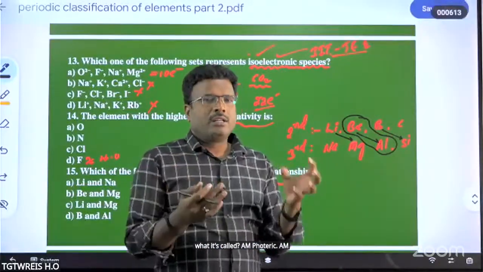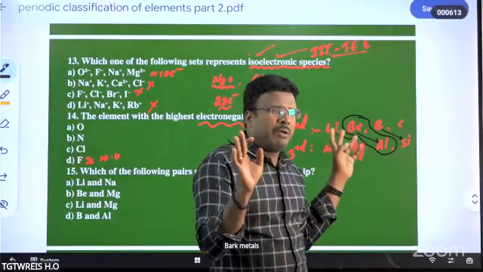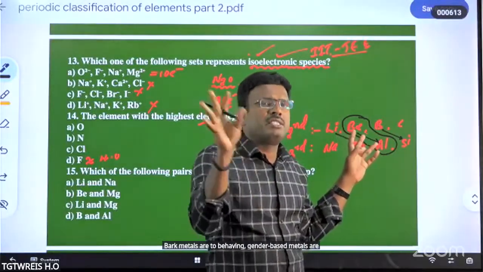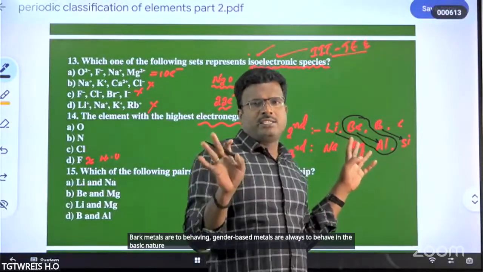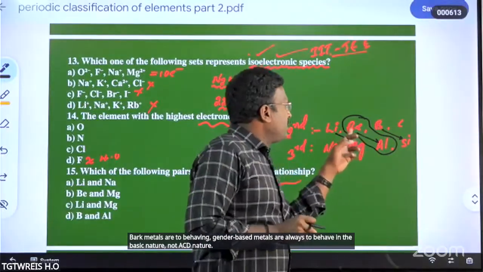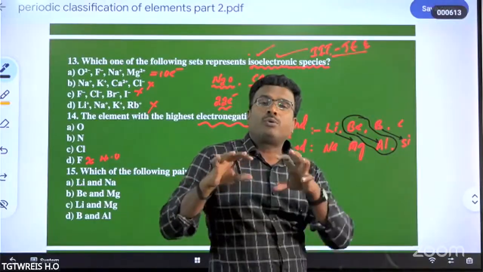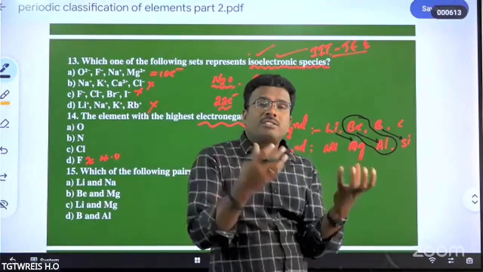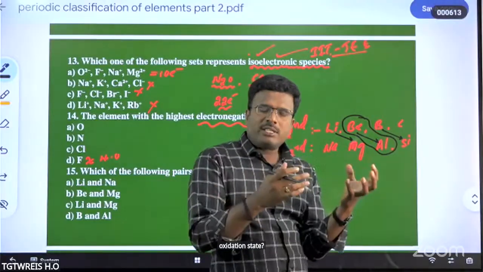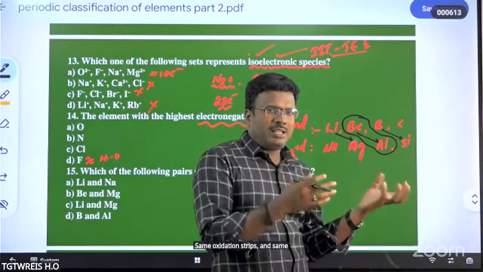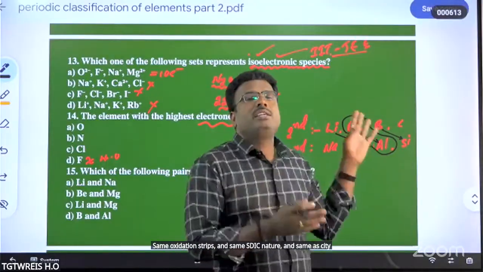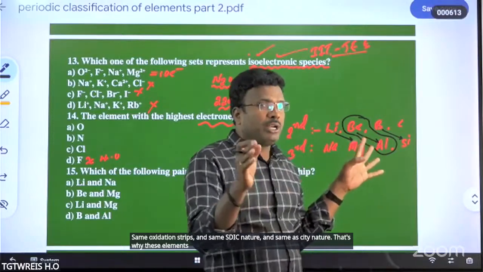Base metals always behave in a basic nature, not an acidic nature. But especially these two metals behave with the same oxidation states, and the same acidic nature and basic nature. That's why these elements behave in an amphoteric nature.